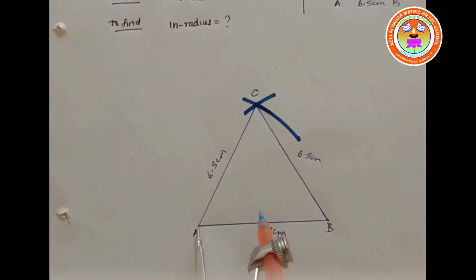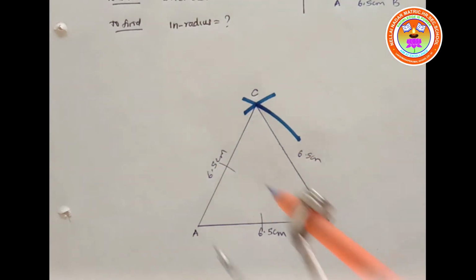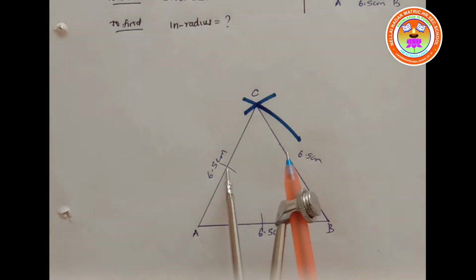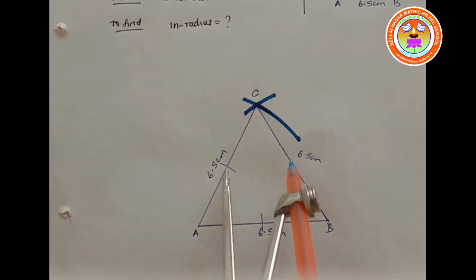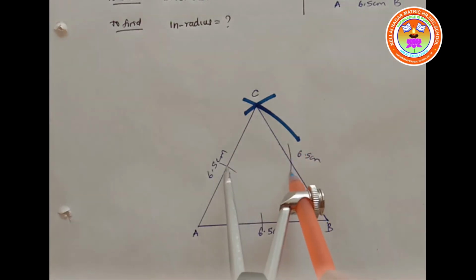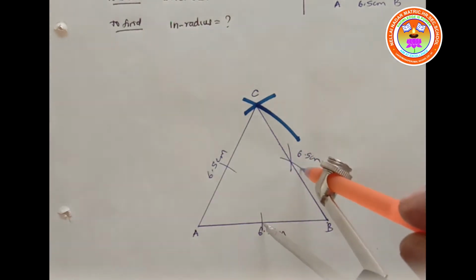It should cut on the lines AB and AC. From the arc, with the same radius, cut another arc. See children, same radius.